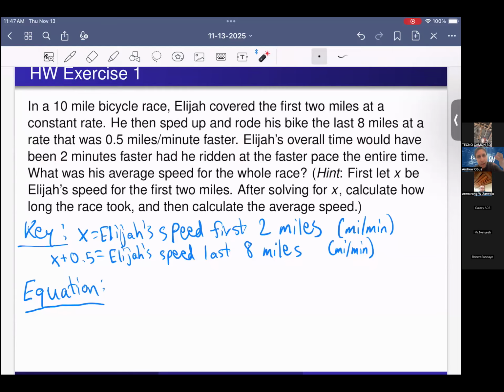So basically, there is how much time it actually took versus how much time it would have taken at the faster pace. And we need to compare those two and show that one is 2 minutes faster than the other. So, does anybody want to try setting up an equation that's actually going to compare these two things? That's going to be an equation in terms of x.